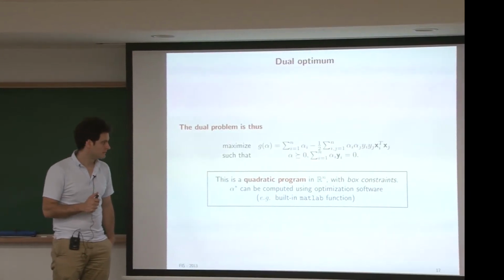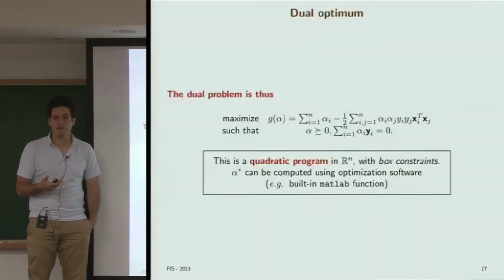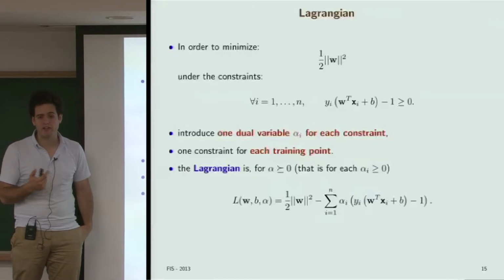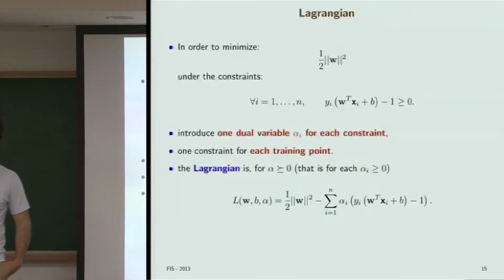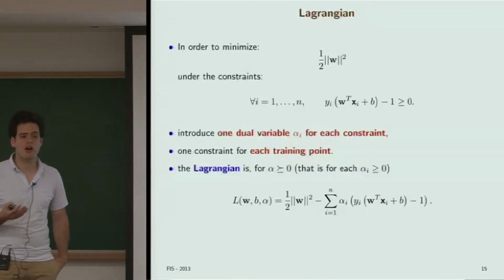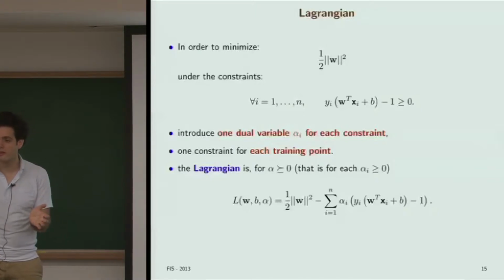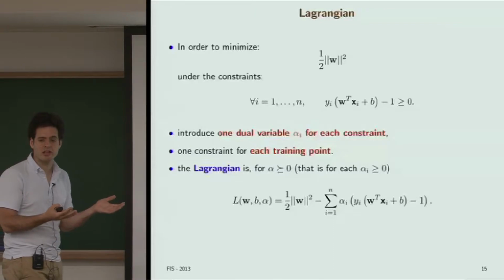And the other big difference is the following. If you remember, in this case, we were looking for a vector W. And W was in which dimension? W is a vector of R^d, right? Our points are in d dimensions, so we're looking for a hyperplane, a direction which has the same dimensionality as our points.